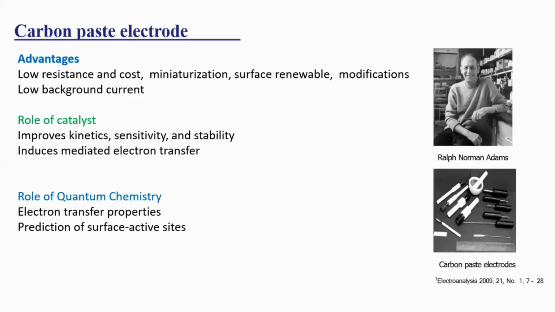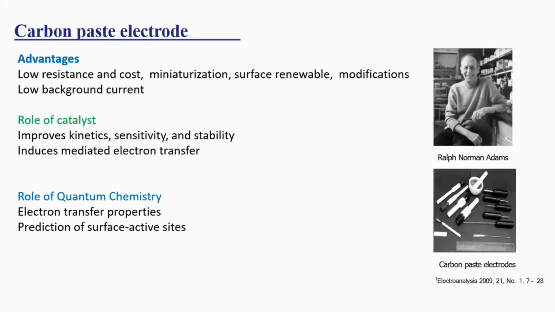As the name suggests, carbon paste means we take some carbon powder, typically graphite, or one can consider graphene, carbon nanotubes, or any conducting or semiconducting form of carbon. Graphite is comparatively very cheap. And one more big advantage is that carbon systems can be miniaturized.